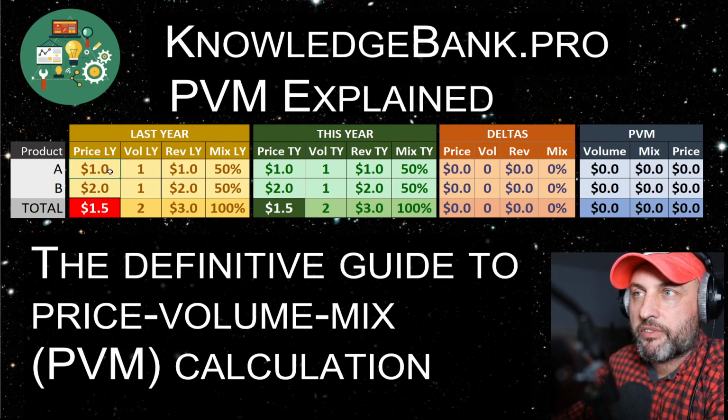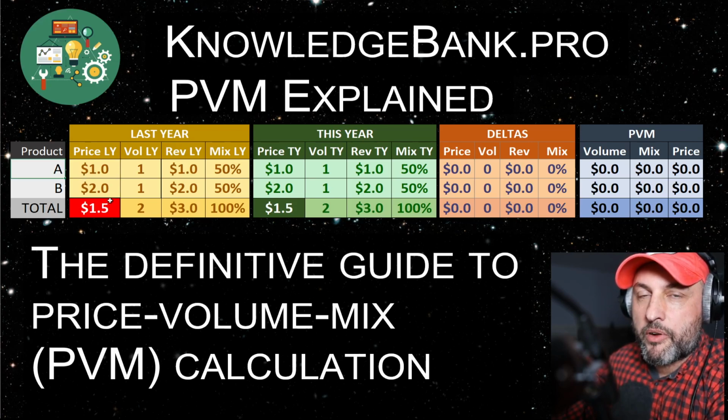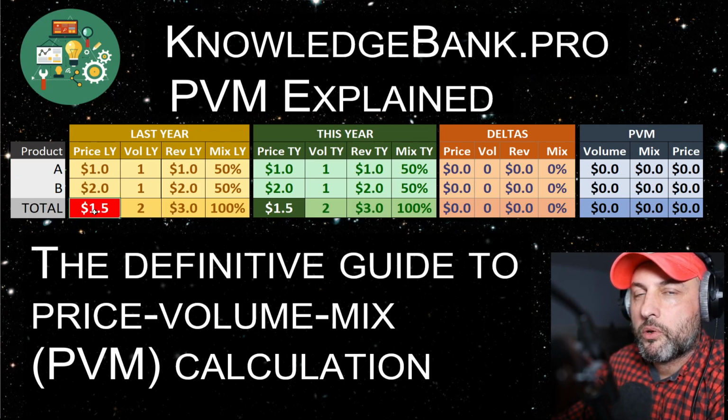However, when I look specifically at unit A, what that does is every time I sell an extra unit, I lose 50 cents, right? Because if I sell more of unit A and the amount of units that I sell stays the same, my revenue will shrink because my average price will shrink, right? So basically, by me anchoring to this average price, I can then look into my units as good and bad.